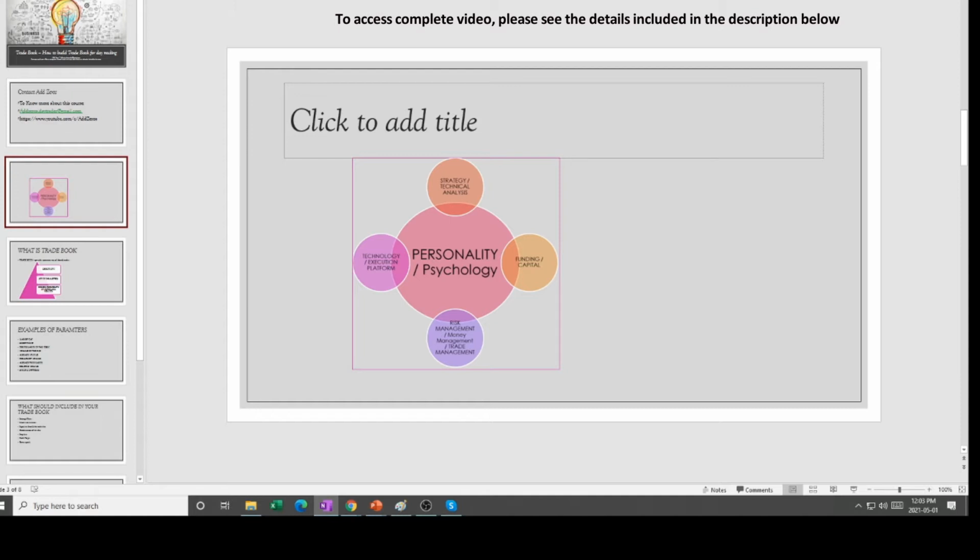These four items need to be present in order for you to make consistent money. Otherwise, you won't be able to make money if any one of the elements is missing from here.